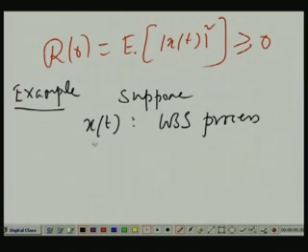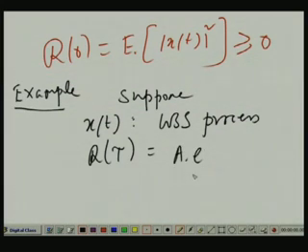And is given that therefore, its autocorrelation R(tau) is some constant a times e to the power minus alpha mod tau. One thing I forgot to mention, I will come back to the example soon.